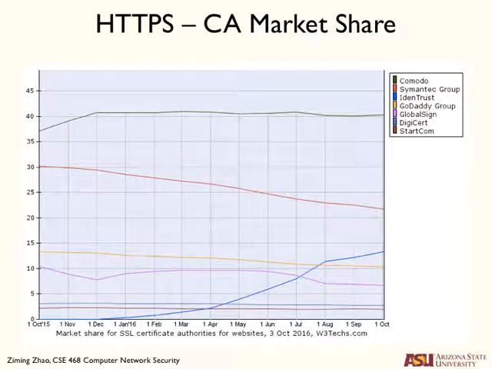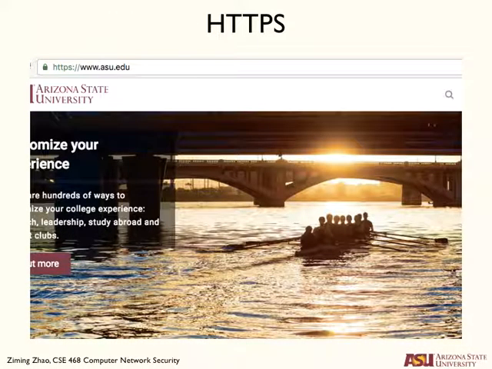GoDaddy is the largest domain name registrar and also a web hosting company, I guess. I'm not sure if they are the biggest web hosting company, but they are the biggest domain name registrar. So they have like 10% market share of all those CAs. If you want to build a website and you want to offer HTTPS service, you need to get your certificate signed by those companies.